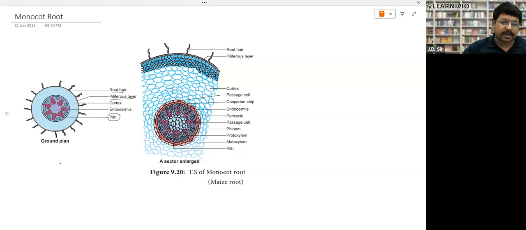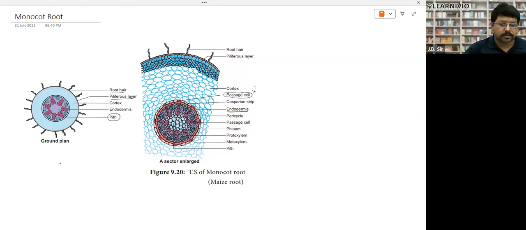Again, in the large diagram, piliferous layer, cortex is present, passage cells, obviously. Look, the Casparian strip is in the endodermis. In the endodermis, there are certain cells which do not have Casparian strip, and the water flows through them, right?